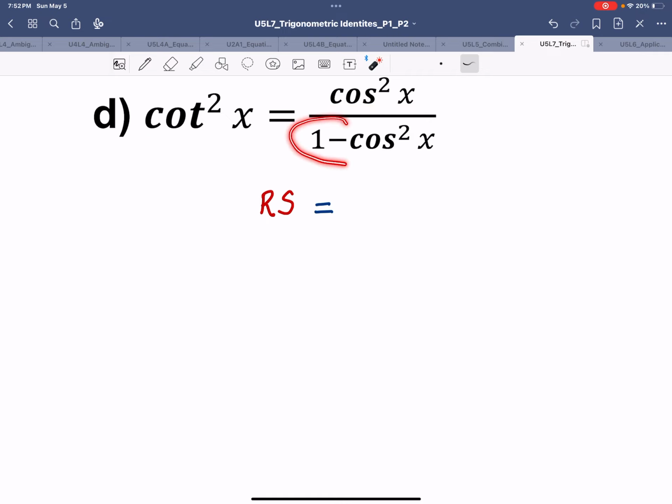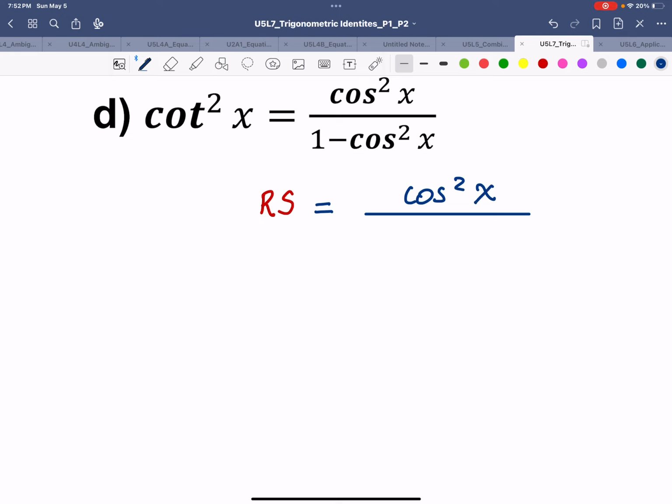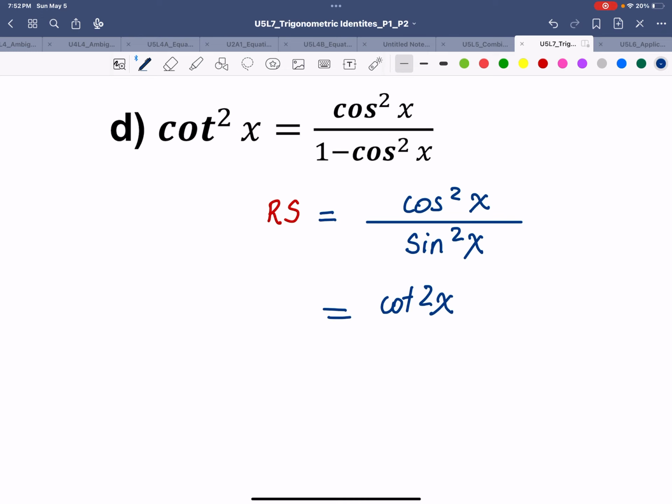But we will put more thought into the denominator, and we're going to say that the cosine squared is left the same, but 1 minus cosine squared can be written as sine squared x. So cos over sine is cotan. If they're both squared, it means that we have cotan squared x, and this was even easier than we thought it would be. Voila, this is the end again. So the right side is equal to the left side.